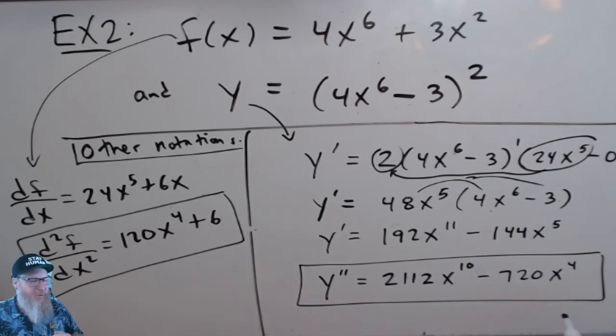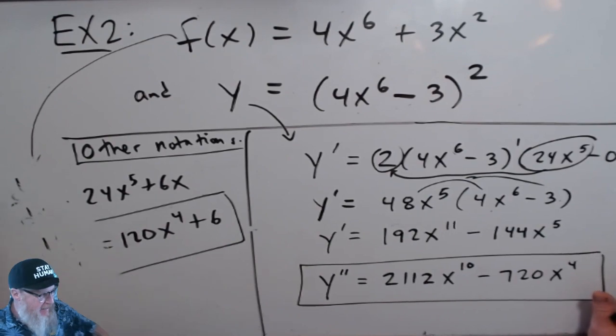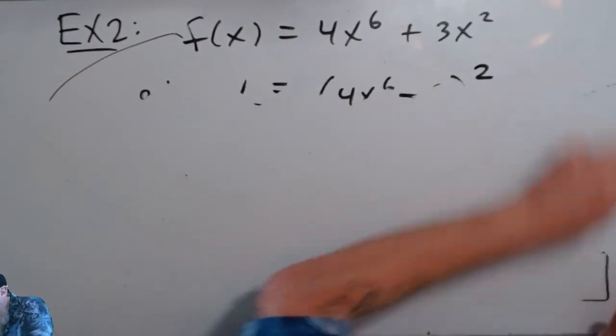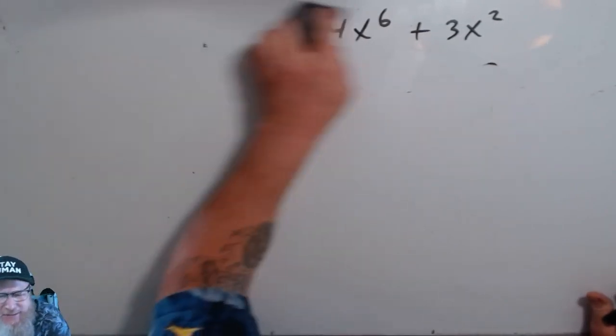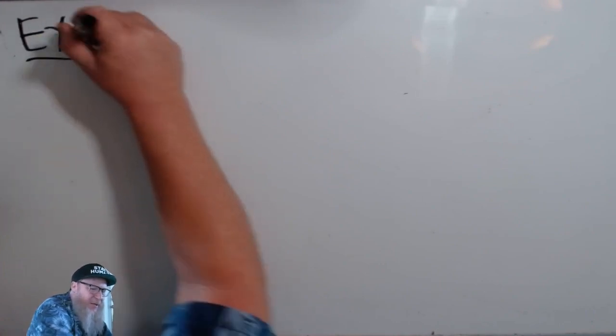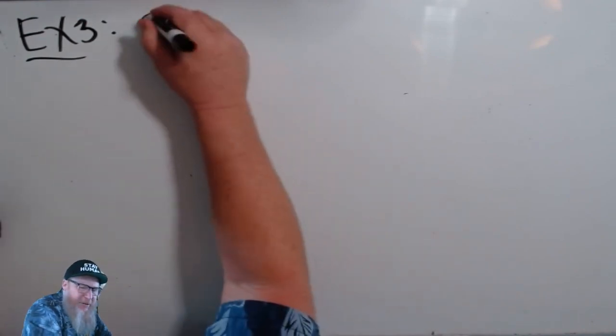Okay, so that is the introduction to the second derivative. Let's do a few more warm-up problems, and then we'll get into the graphical analysis. And what does the second derivative tell us? I can small talk about it as I'm writing down the next question. Well, the first derivative tells you the rate of change, right?